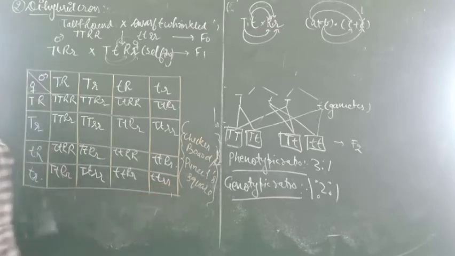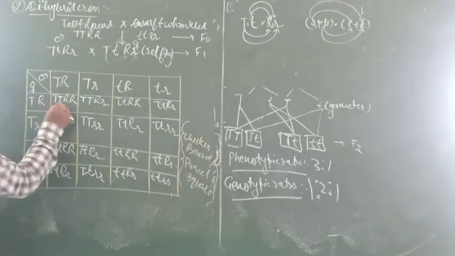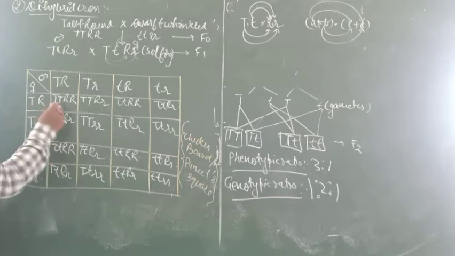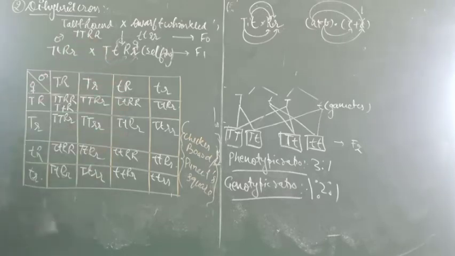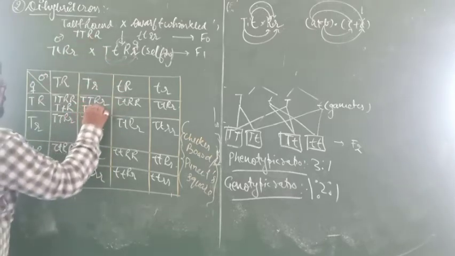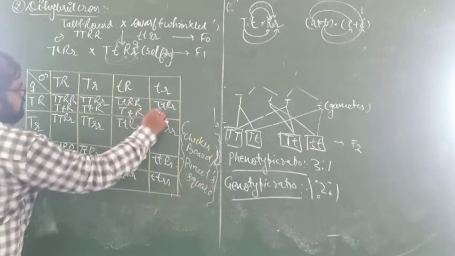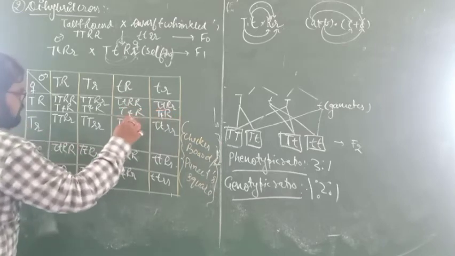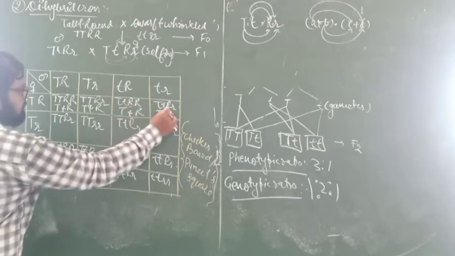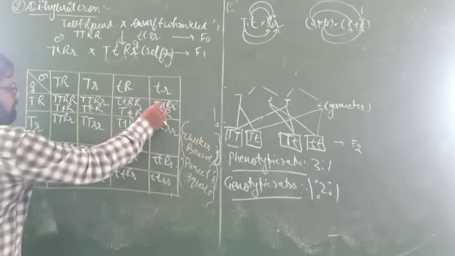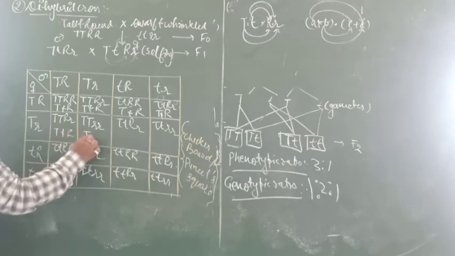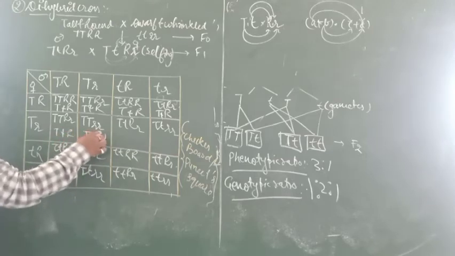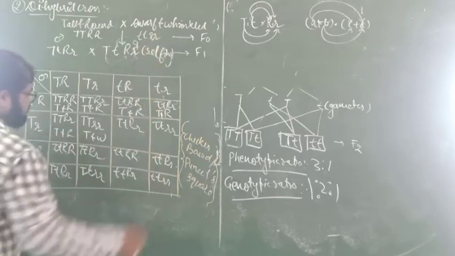So these are the points that will be obtained, but here we will discuss where there is a capital T. So these are tall and round, because capital is dominant over the smaller one. Here is also tall and round. Here capital is there, capital dominates the small one. Here is also tall and round, tall and wrinkled, because two small r are there, and small r is the wrinkled character.